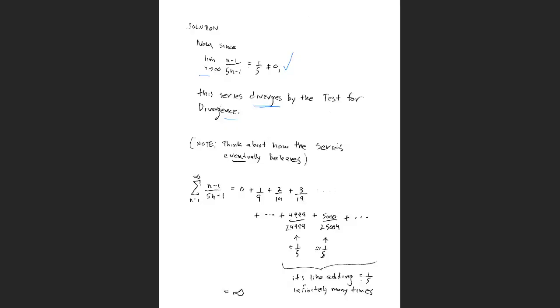The terms have to approach 0 to have a chance for the series to converge. You're going to learn that it's not enough for the terms just to get smaller for the series to converge, but they have to approach 0 for the series to have a chance of converging. So this series diverges by the test for divergence.